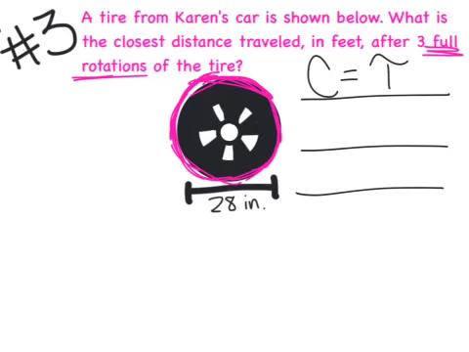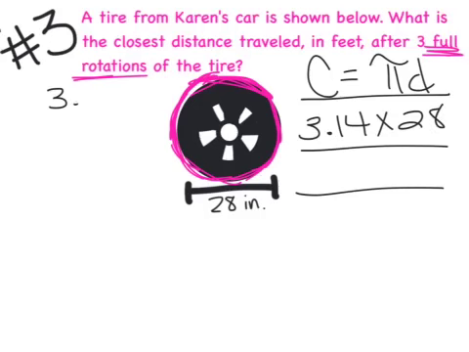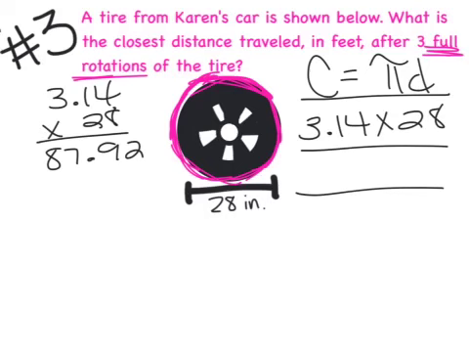So C equals pi times D. And for pi, I'm just going to use 3.14, and it tells me my diameter is 28. So I'm going to have to multiply 3.14 times 28. And once you do that, you are going to get 87.92, which isn't too bad. That's my circumference for one time around.